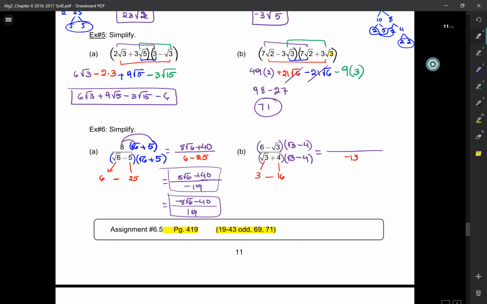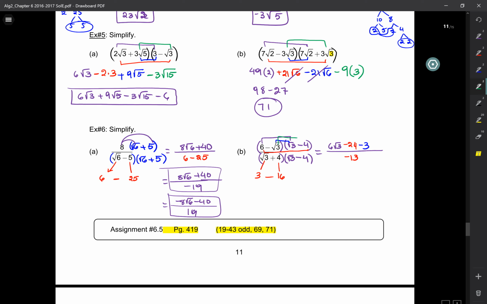The numerator, I have to FOIL, so I get 6 root 3. Outer terms, negative 24. Inner terms, negative root 3 times root 3 is negative 3.